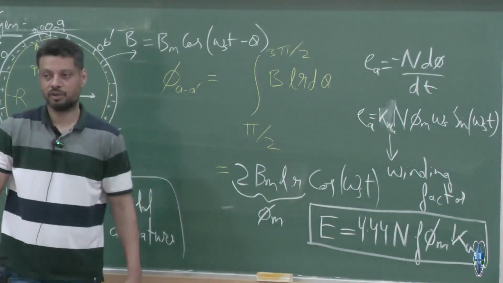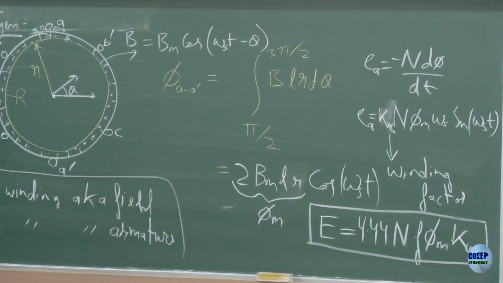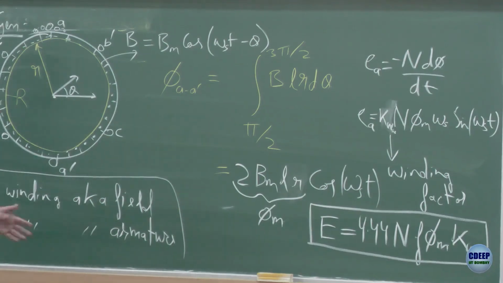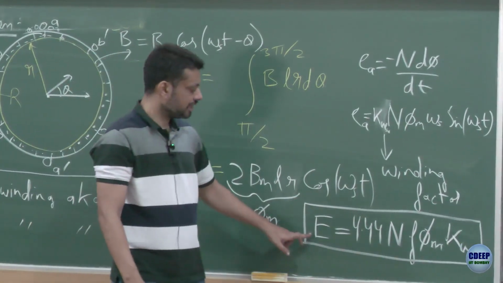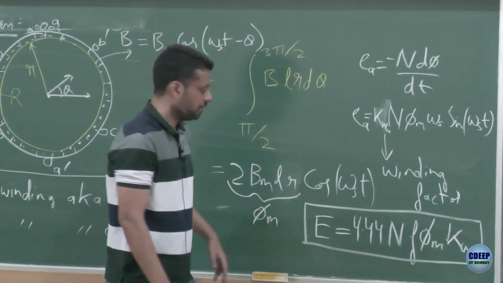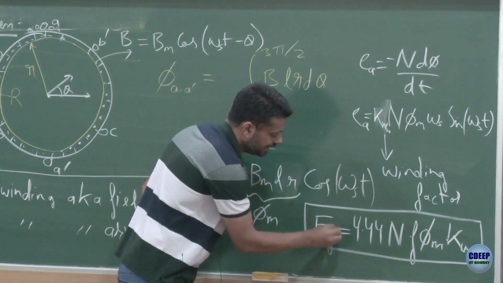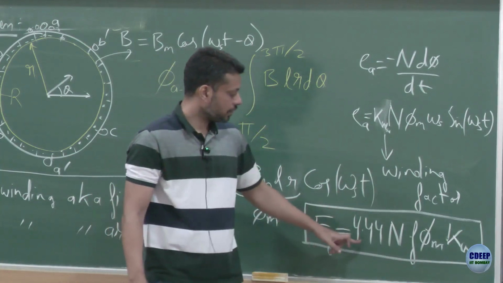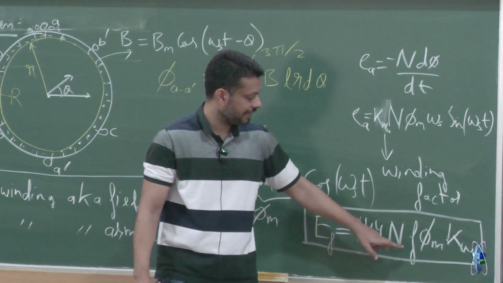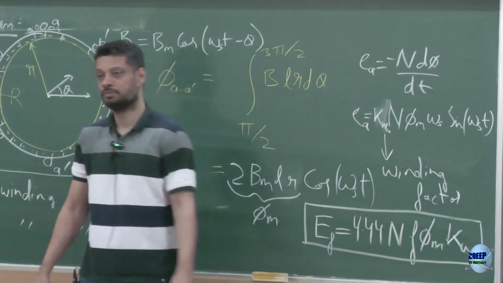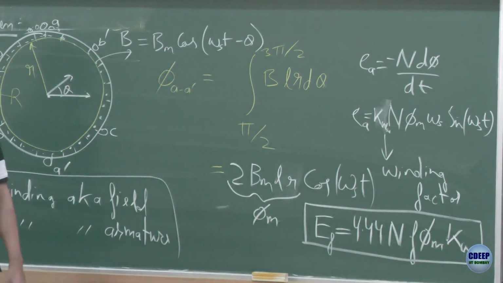You have been seeing this expression right from transformer days, it just keeps coming back with slight variation. So the voltage induced in the winding, we call it E, what do you want to call it? Let's call it Ef, equals 4.44 N f phi_m Kw, right? Okay, now go ahead. If you have any questions, feel free to ask.